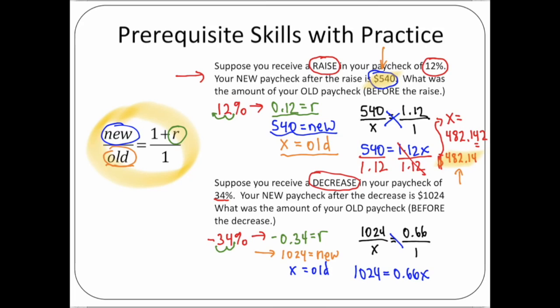Then we're going to divide each side by 0.66 and see how much we used to make. After hitting the calculator here, it looks like we made $1,551.52.